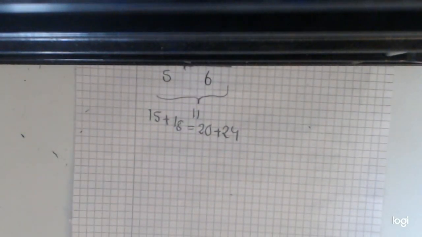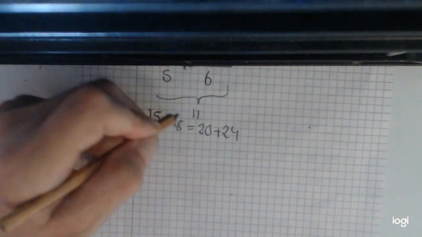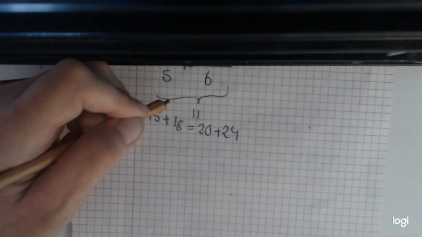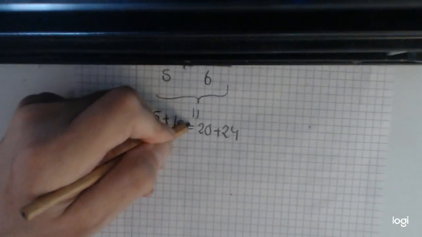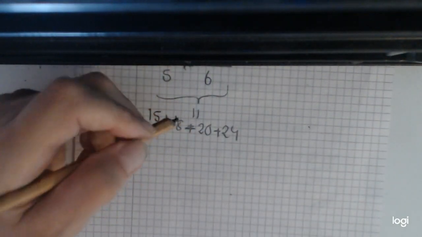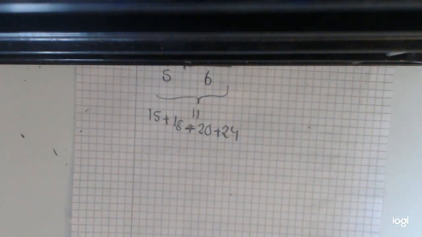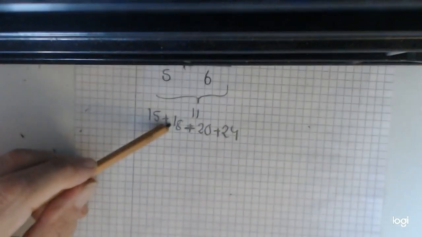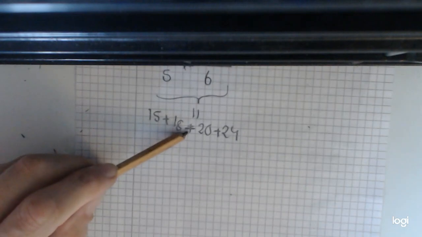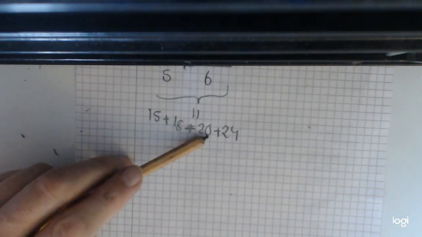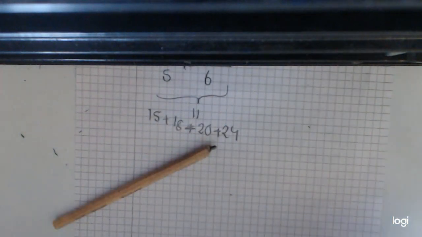Here you see, you have 15 plus 18 plus 20 plus 24. What is the result of that?